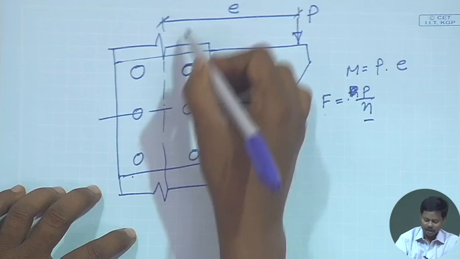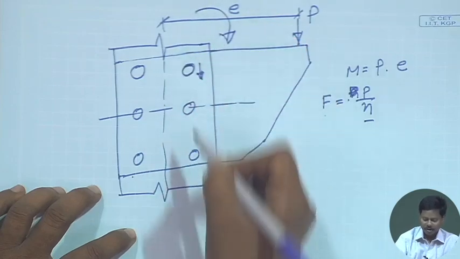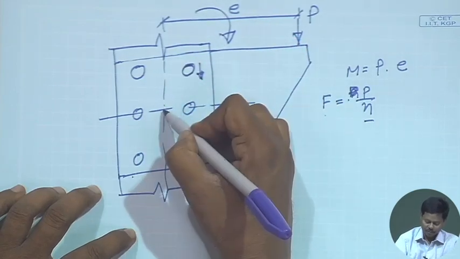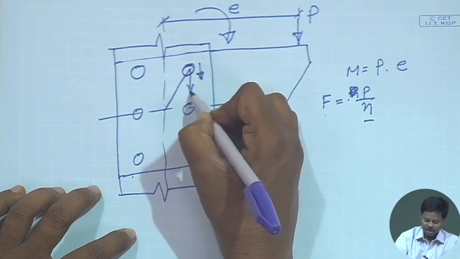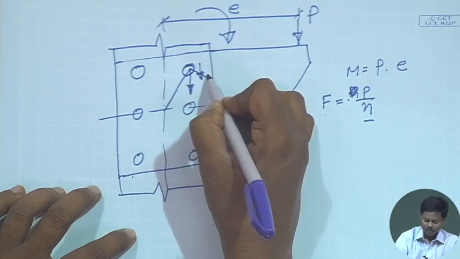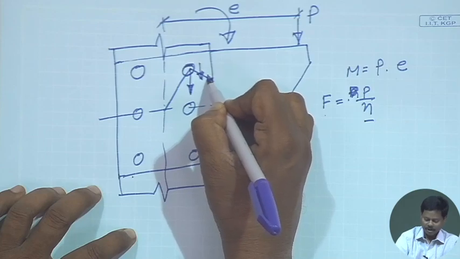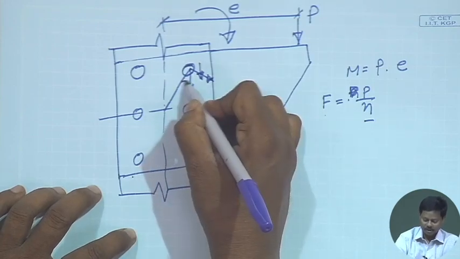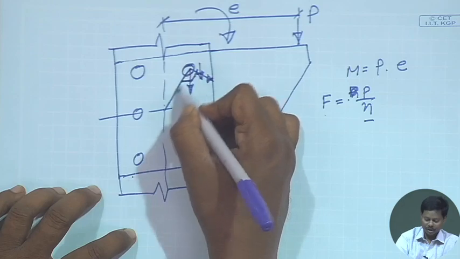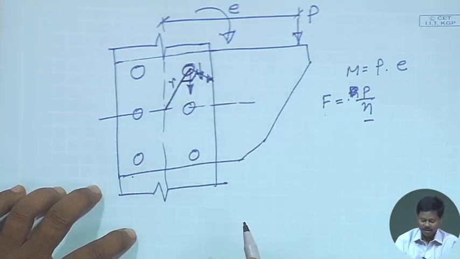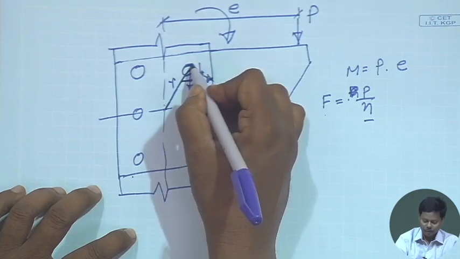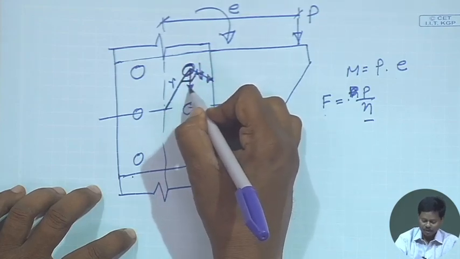Now, another load will come because of the moment developing. Because of this moment, a load or stress will come in the direction perpendicular to the radial axis. This is the radial distance R. So, for this bolt two types of forces will be acting.